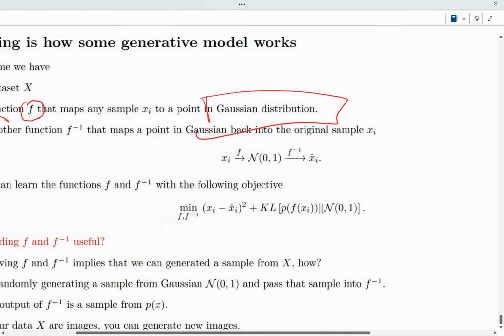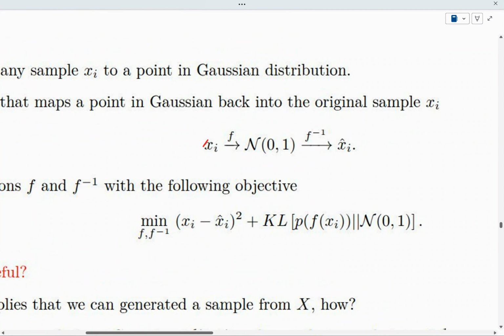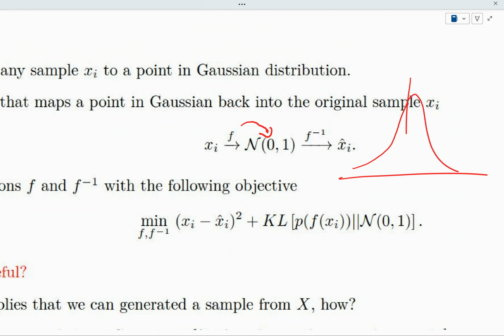This could be many dimensions, and this could be images, video, text, whatever. So when you plug a single sample from the data set into the function, it will map it to a point in Gaussian distribution. So it will say it's this point, for example.